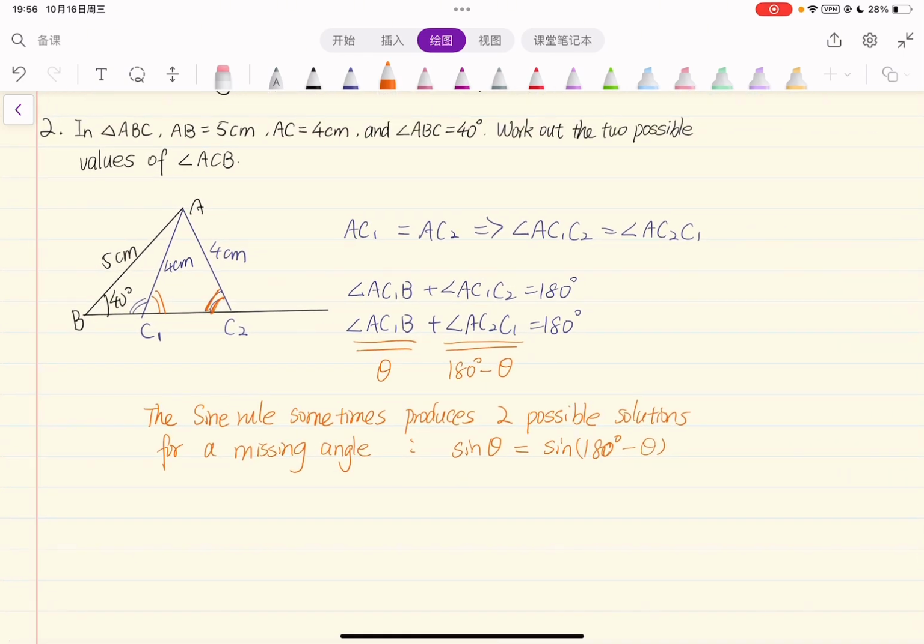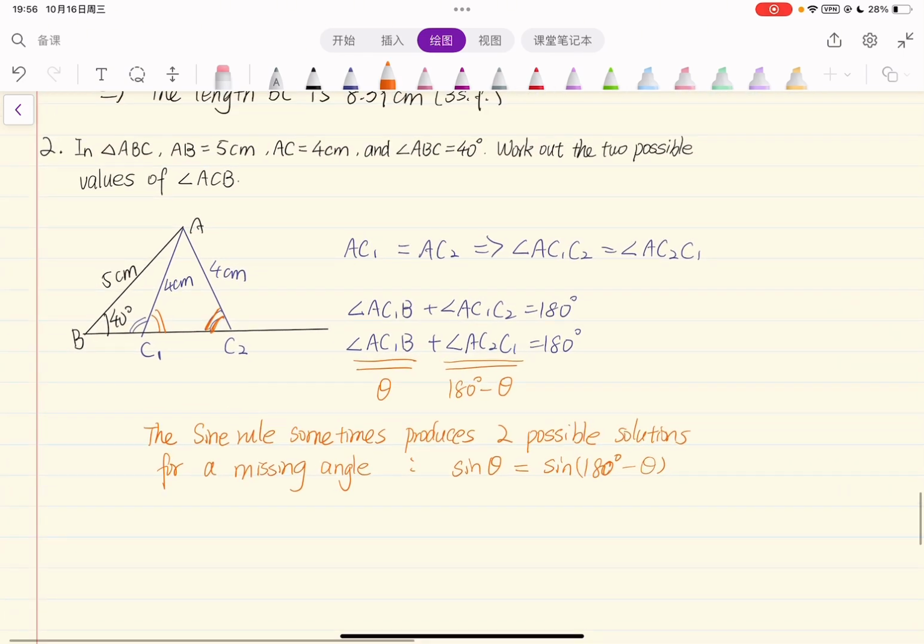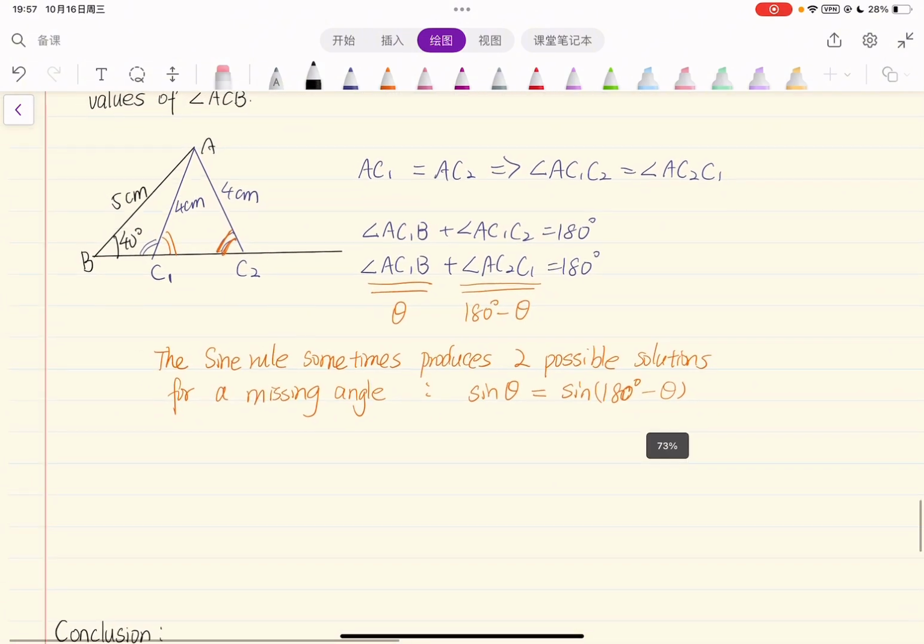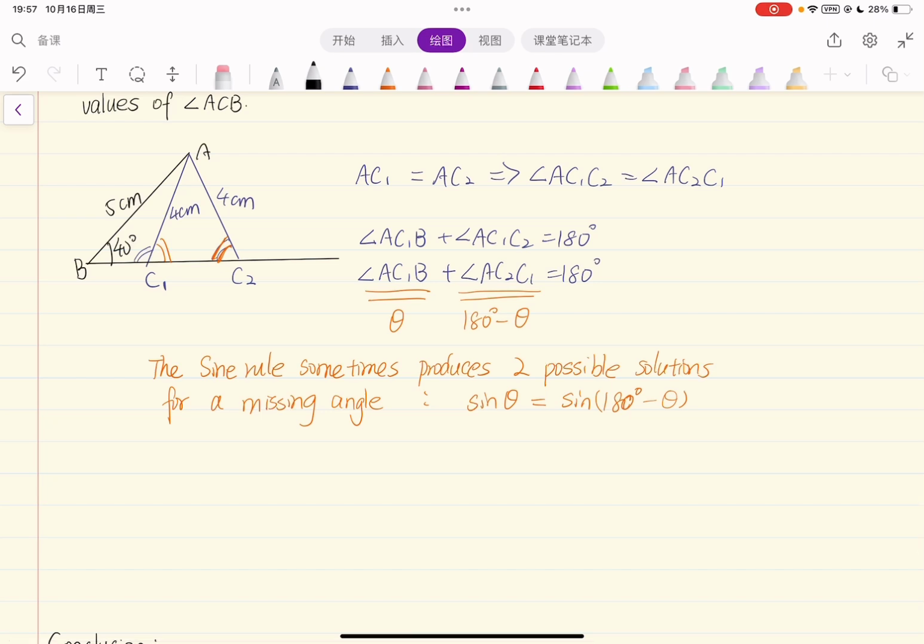Now let us calculate the angle ACB. We have the angle 40 degrees, and the opposite length of that is AC, that is 4 centimeters.